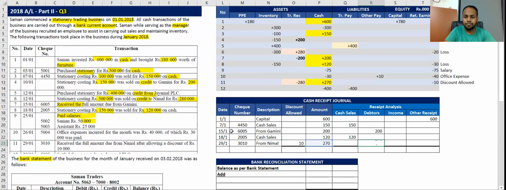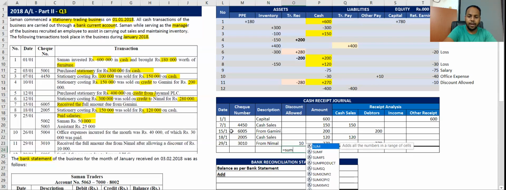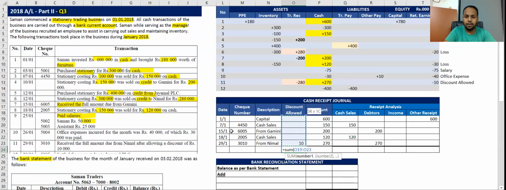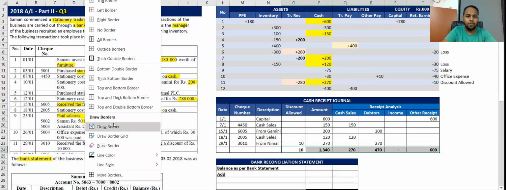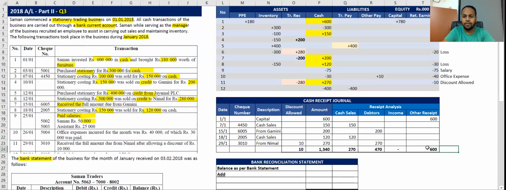So debtors 270. You can calculate the total amounts for each column. Right, so that's the total receipt.